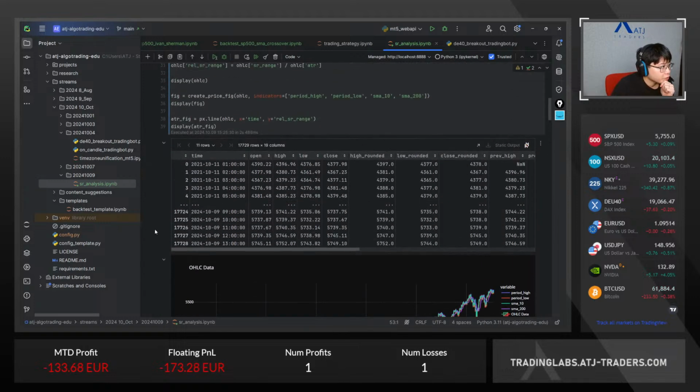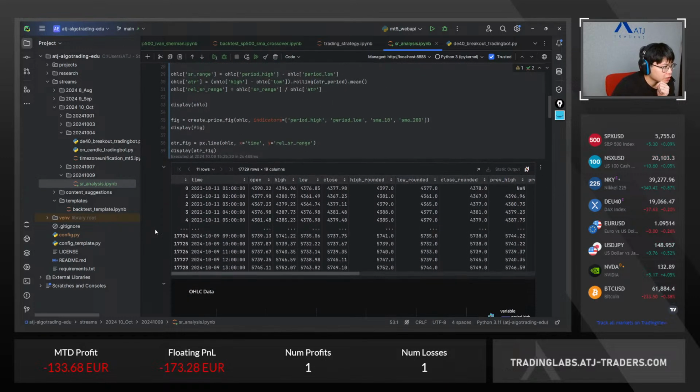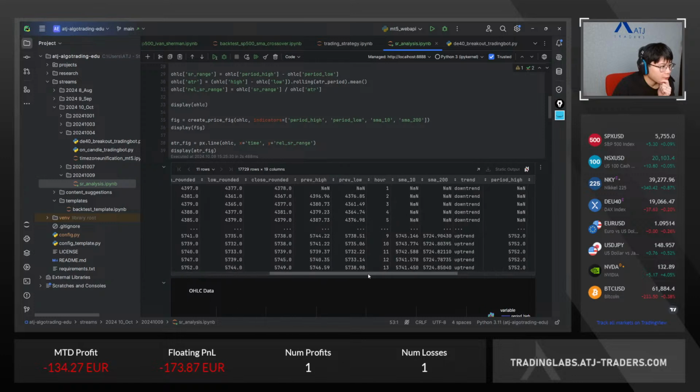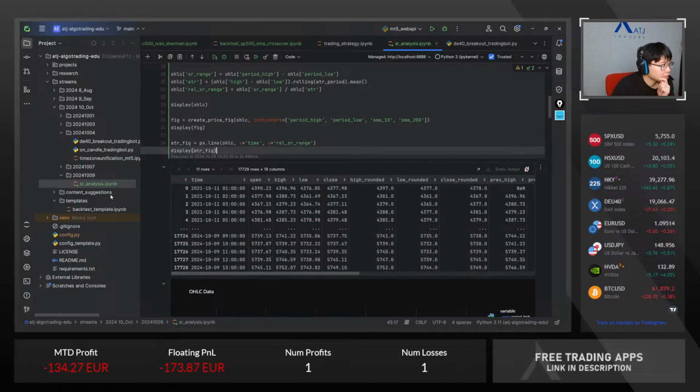And when it comes to breakouts, the question is, last time in the DAX breakout bot, what we did, we always computed the gain after every hour. So maybe what we should do is just count.